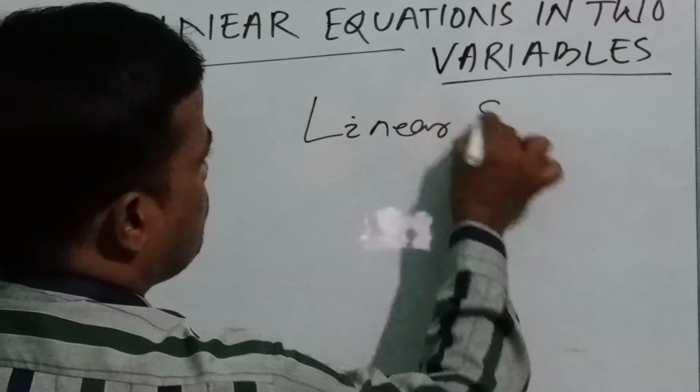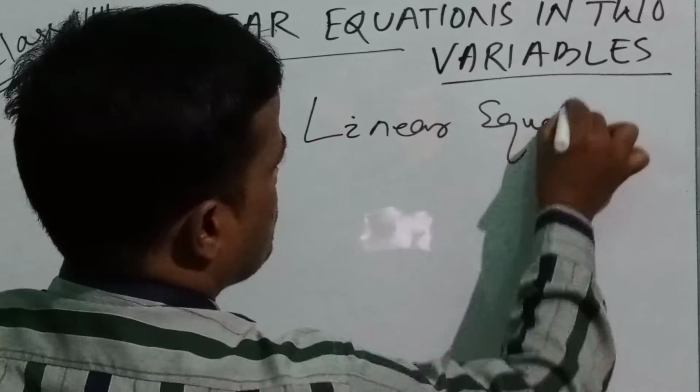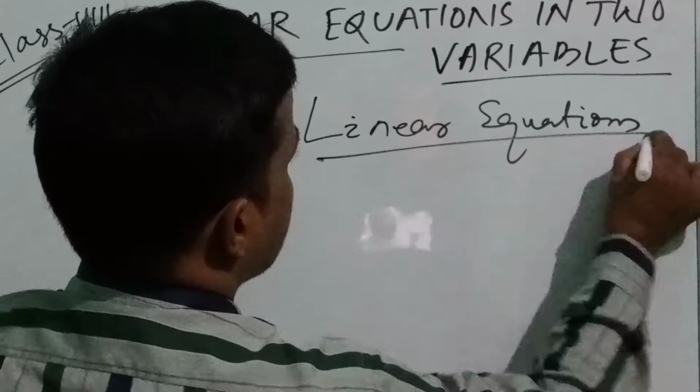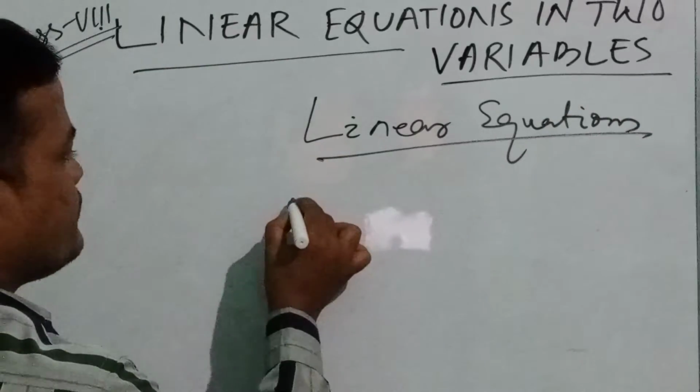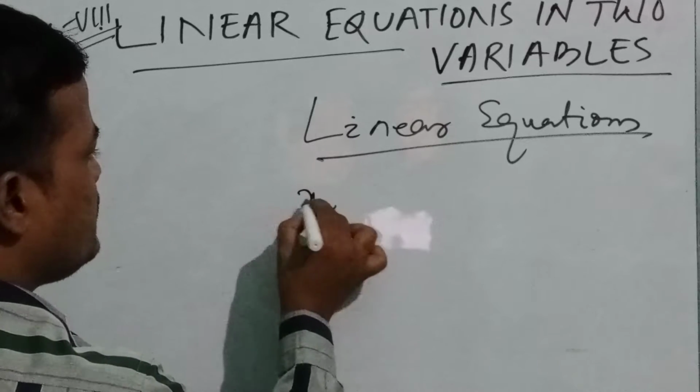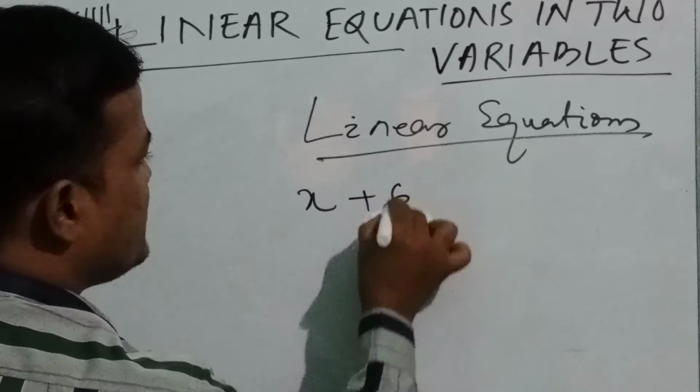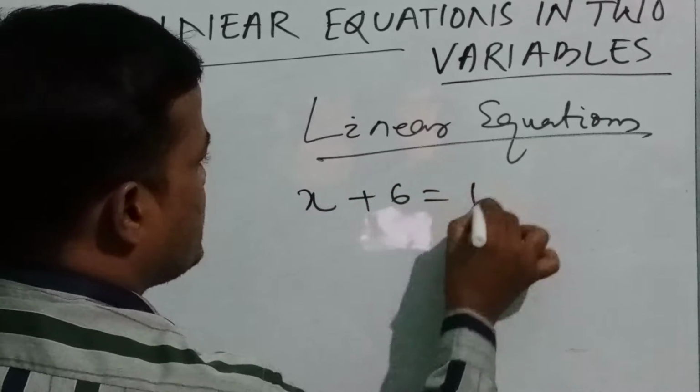So let us write the linear equation. Let us write again 1x plus 6 is equal to 10.